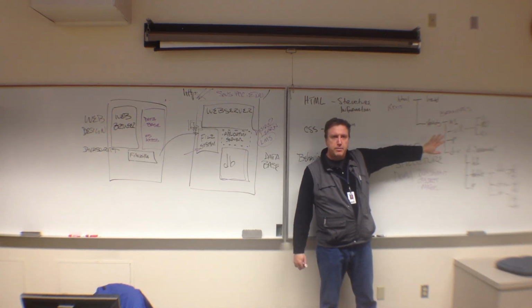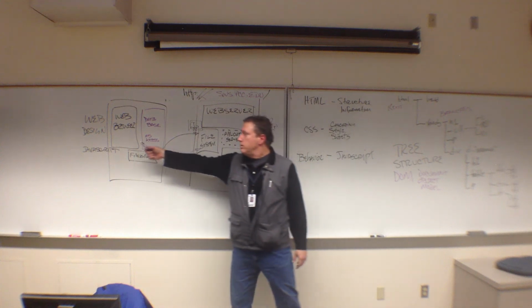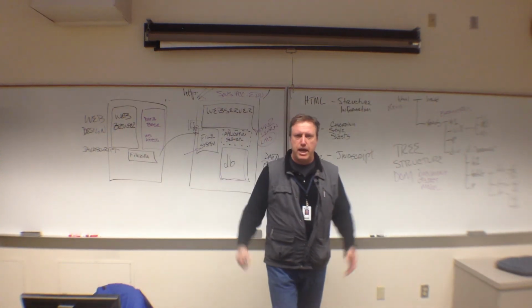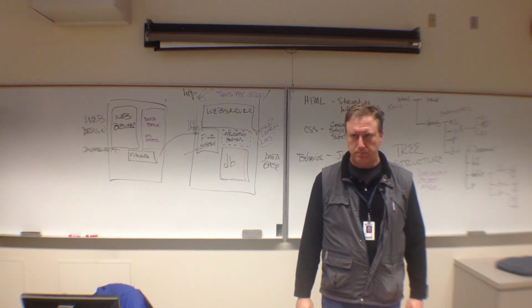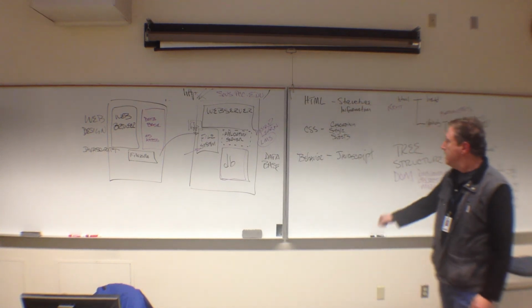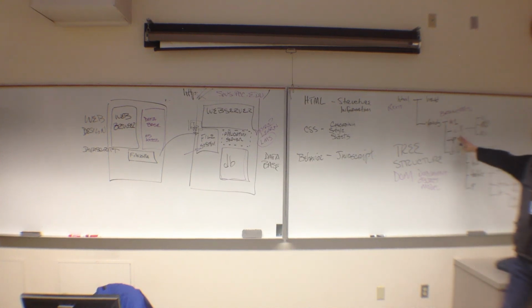And every time you change this document object model, the web browser takes that document and renders it again. It draws it again.